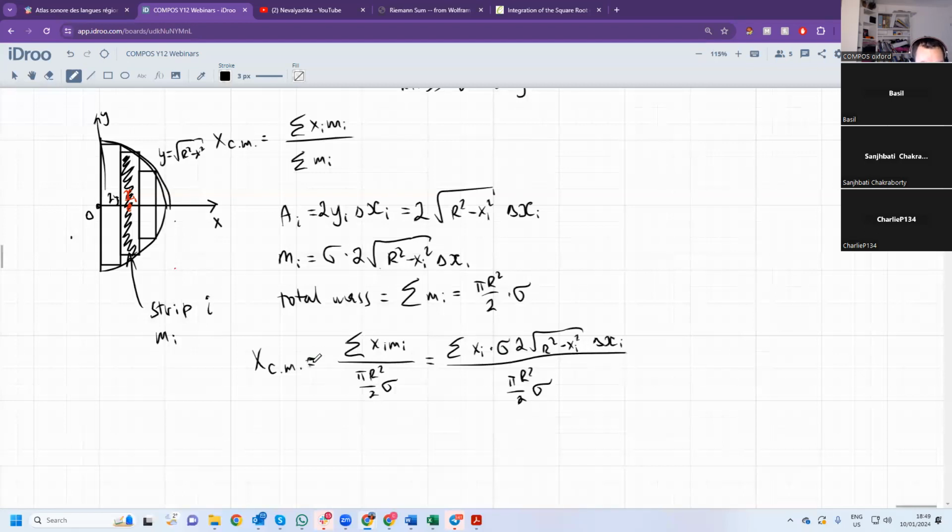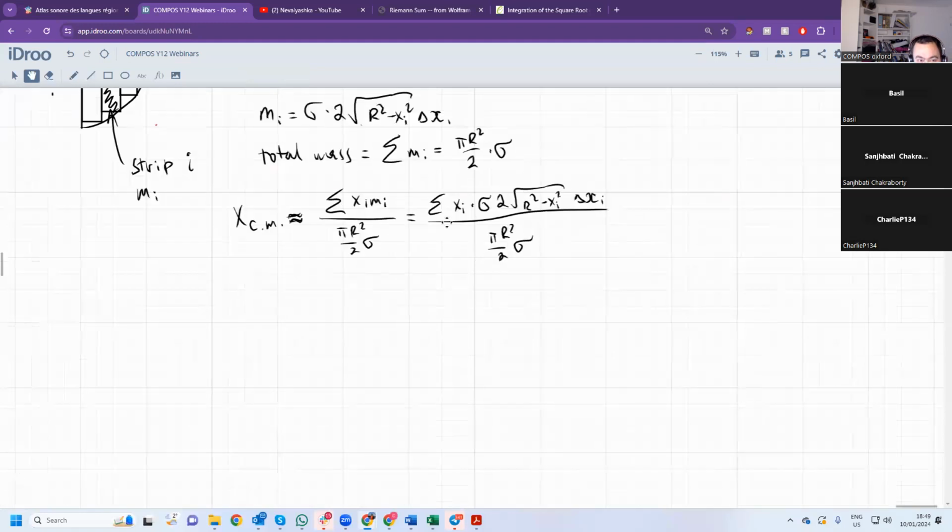Now, approximately, I keep forgetting approximately, because this is a Riemann sum. This is not the limit. Now we take the limit of that.